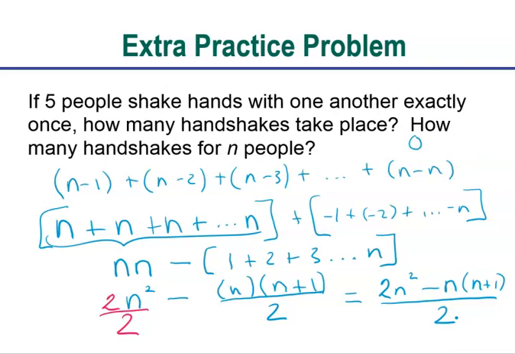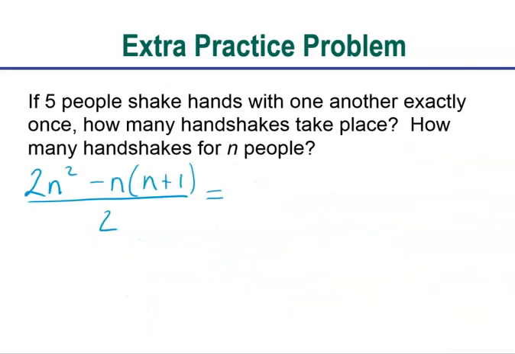Now here's what I want you to notice. I'm going to go to another page to do this. I'm going to factor out this common n. So when I pull that out, I'm going to get an n out front. Remember, we're pulling out that common n. What is that going to leave me with? So first of all, some parentheses.